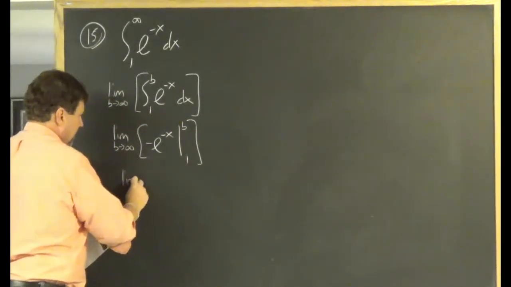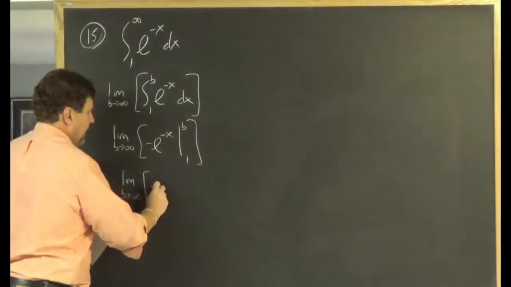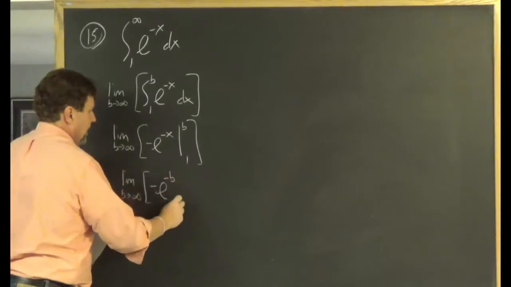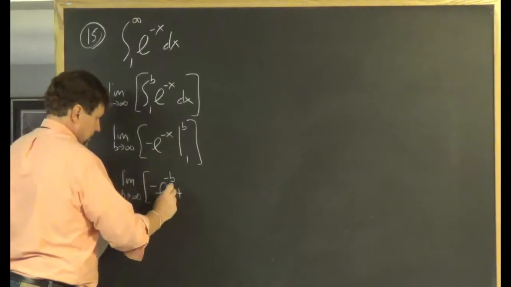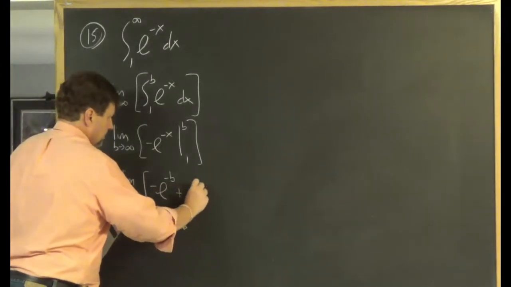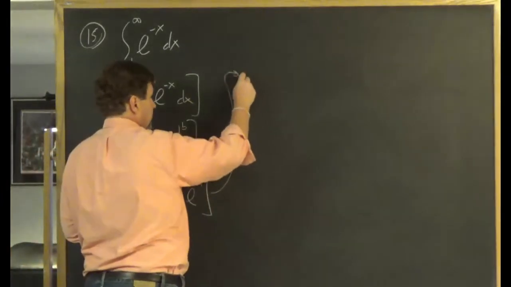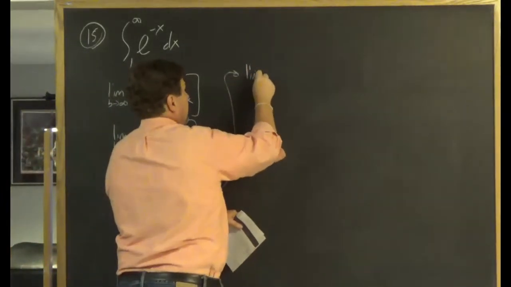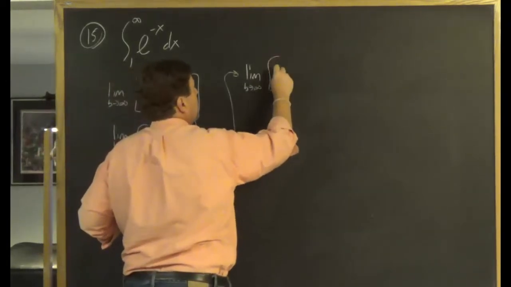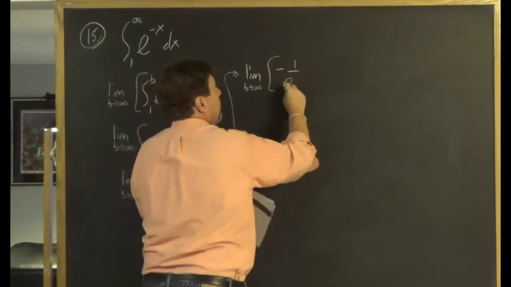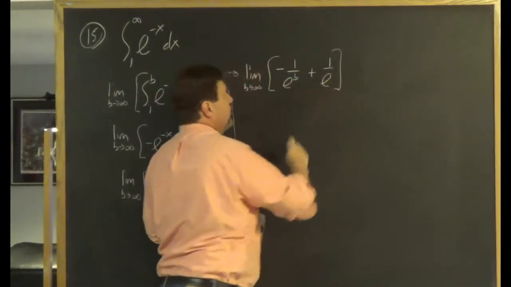So you have the limit as b goes to infinity, negative e to the negative b minus negative, well, minus negative, it's plus e to the negative first. And I could rewrite this if I so desire as negative 1 over e to the b plus 1 over e.